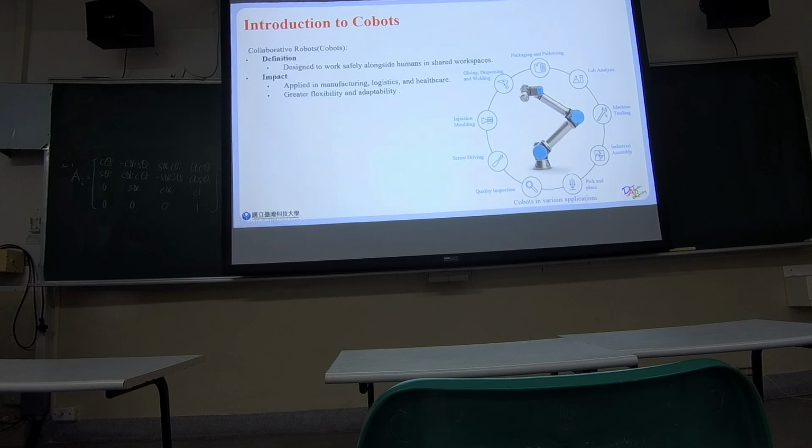And machine handling. Machine handling cobots are often used for loading and unloading tasks in automated machine tools and process centers, reducing repetitive manual operations and increasing automation efficiency on production lines. And industrial assembly.